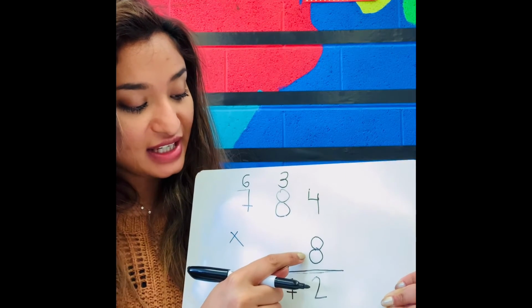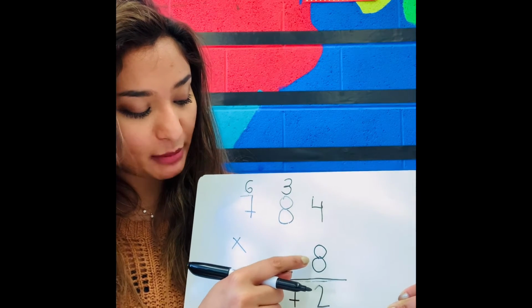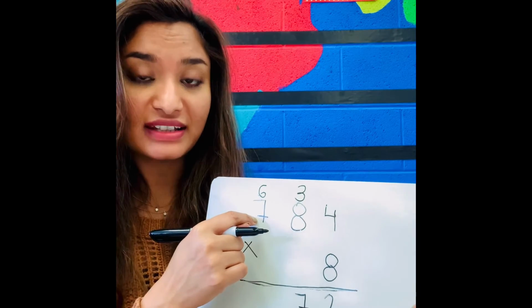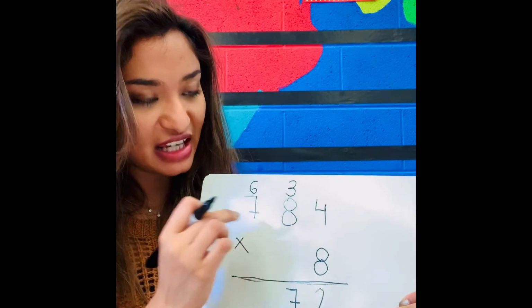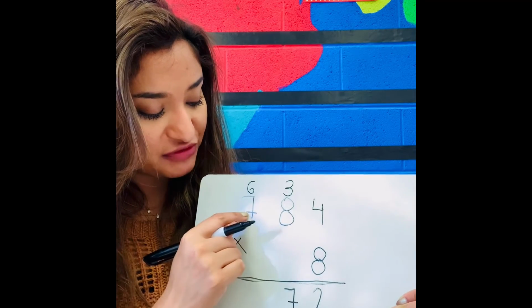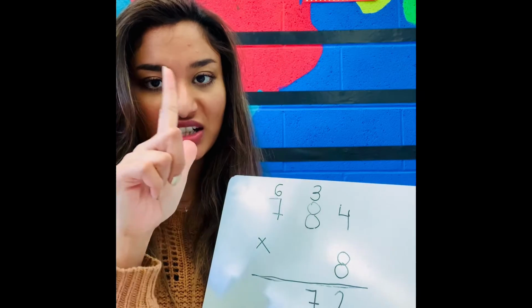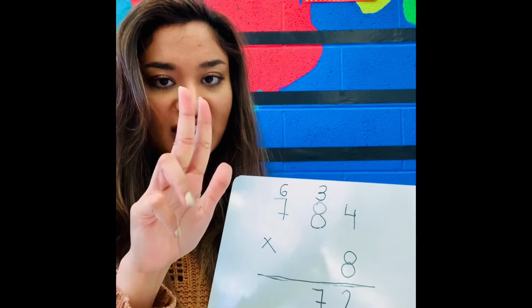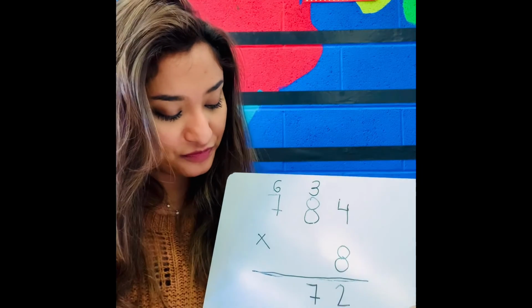Okay, then I go ahead and I have to multiply my 8 to my hundreds. So 8 times 7 gives me 56. So 56 plus 6. So 57, 58, 59, 60, 61, and 62.